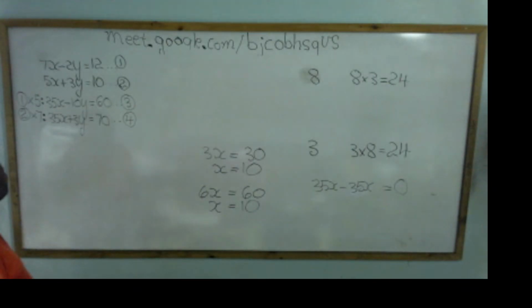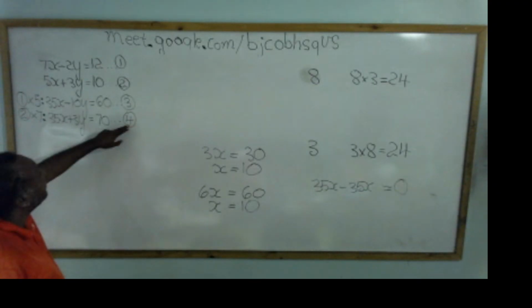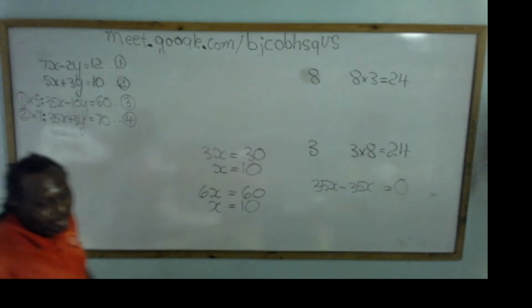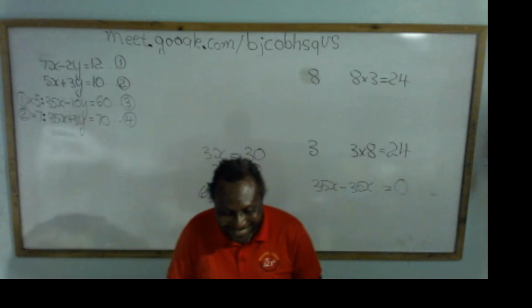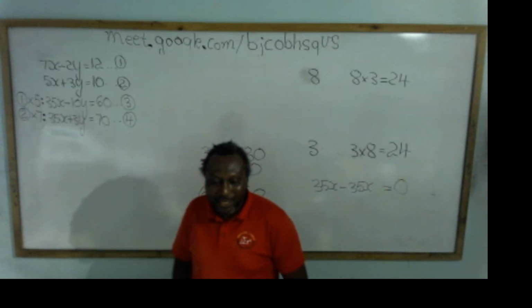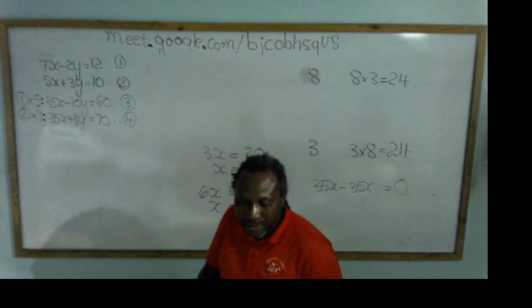So do we say equation 3 minus equation 4, because we can say that, or we can say equation 4 minus equation 3. I'm going to do the one that you say. Do you say equation 3 minus equation 4 or equation 4 minus equation 3?